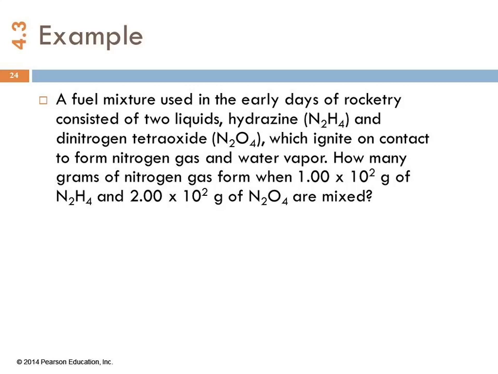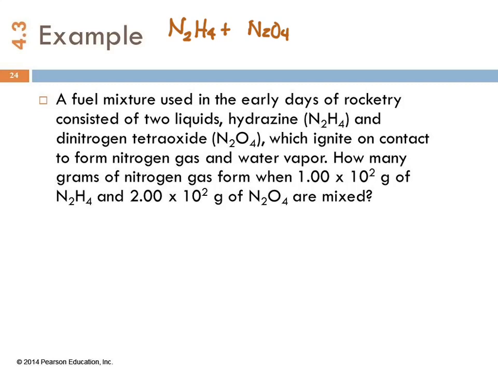We need a reaction. They didn't give us one. They gave us the formulas for hydrazine and dinitrogen tetroxide because they were kind. We could figure this one out. The hydrazine, we couldn't. But these are our reactants. So I'm going to do these up here. N2H4 plus N2O4.